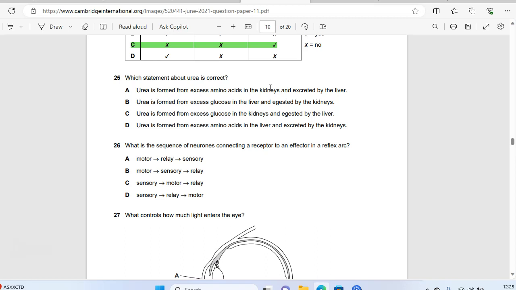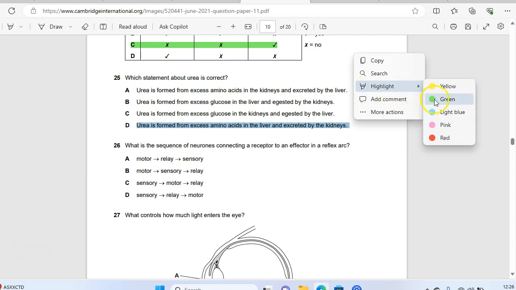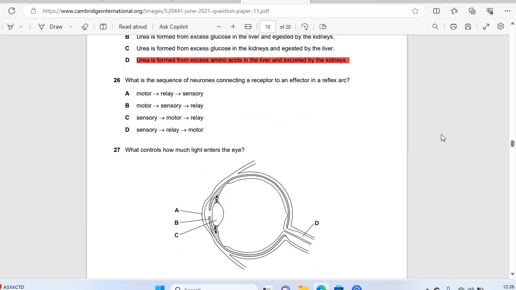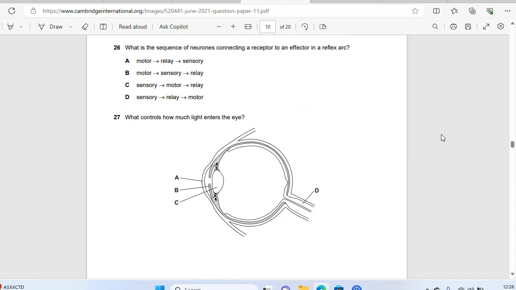These excess amino acids are pumped towards the liver, and then urea is formed in the liver, and your kidney excretes this urea. So urea is basically produced from the excess amino acids, and your liver is involved in the production of urea. Urea is removed by the kidneys.